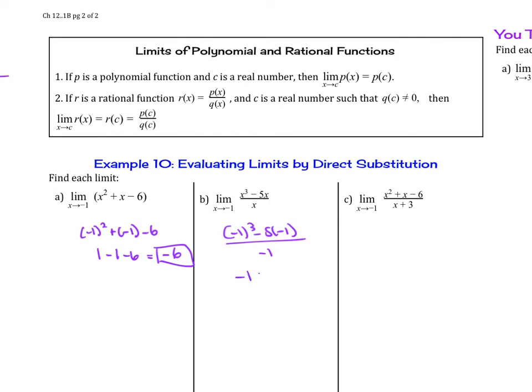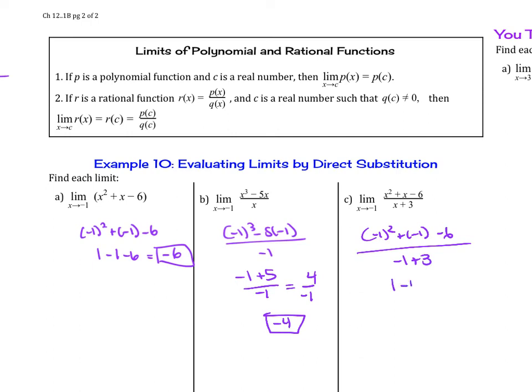So it's negative 1 plus 5 over negative 1, or 4 over negative 1, or negative 4. Letter C is negative 1 squared plus negative 1 minus 6, over negative 1 plus 3. So it's 1 minus 1 minus 6 over 2, or negative 6 over 2, or negative 3.